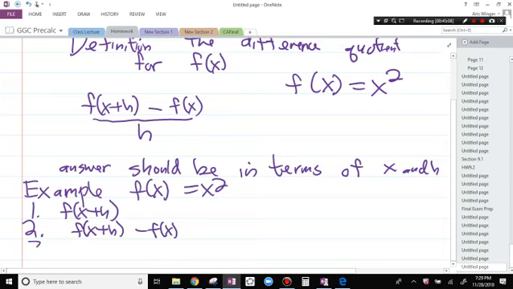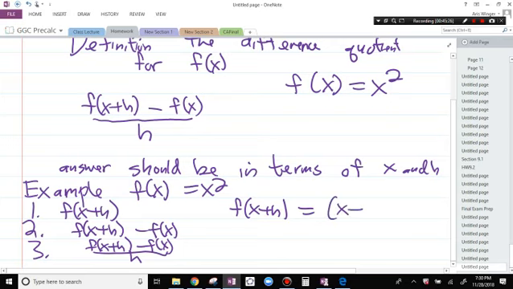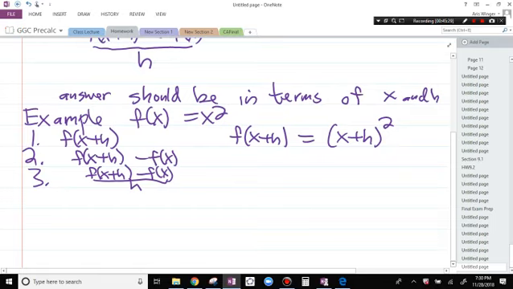And as you might expect, the third is that I'm going to then divide all of that by h. All right, those are my 3 steps to do this. Okay, so let me find f of x plus h first. F of x plus h is just whatever you get whenever, instead of x, you put x plus h. And that's x plus h squared. Good, okay?